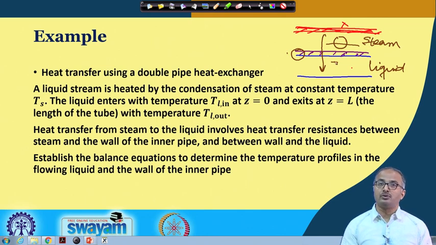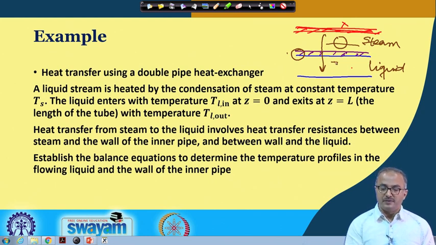So from that point also we have to see to it that the material of construction of the tube wall does not offer any kind of resistance to heat transfer. So, with these considerations we can neglect the heat transfer resistance in the wall of the tube.